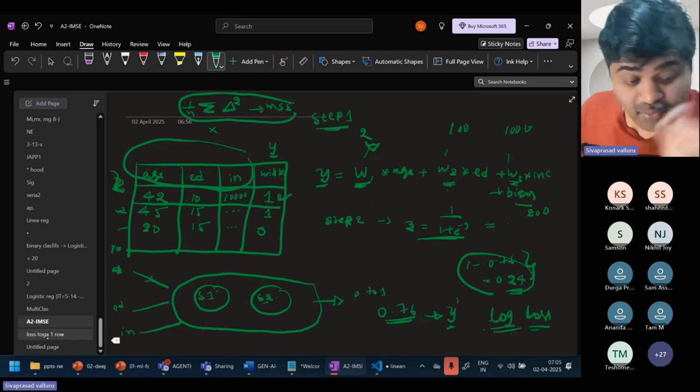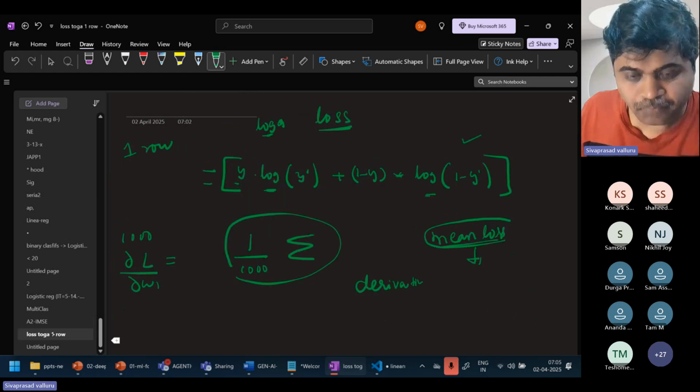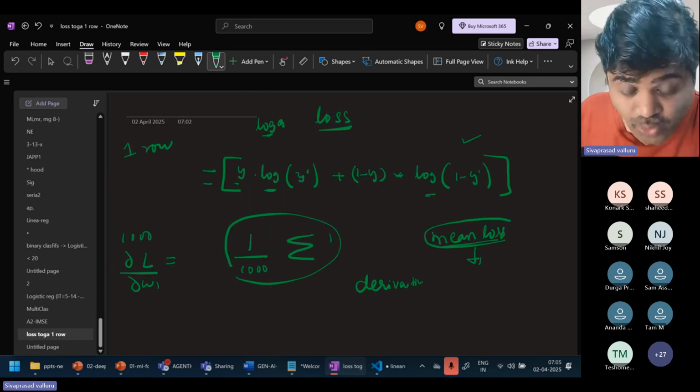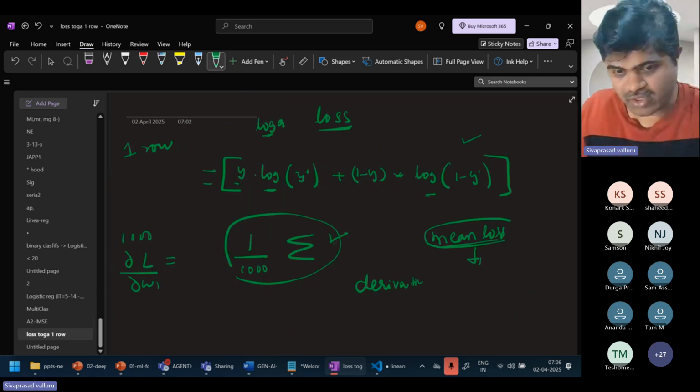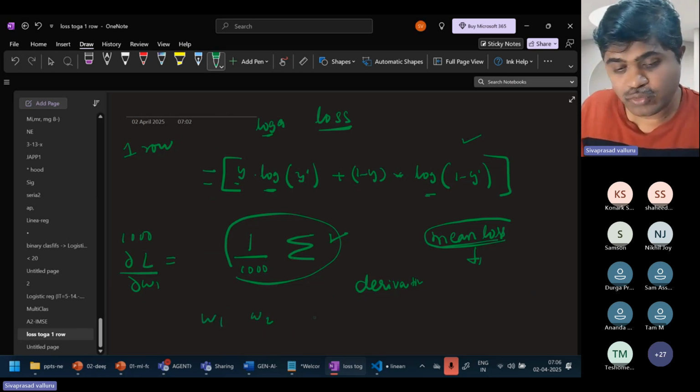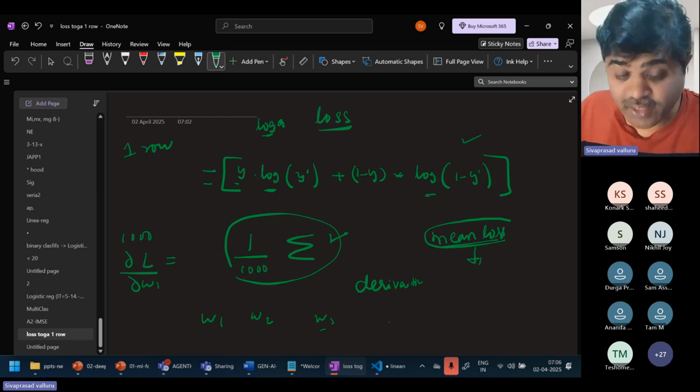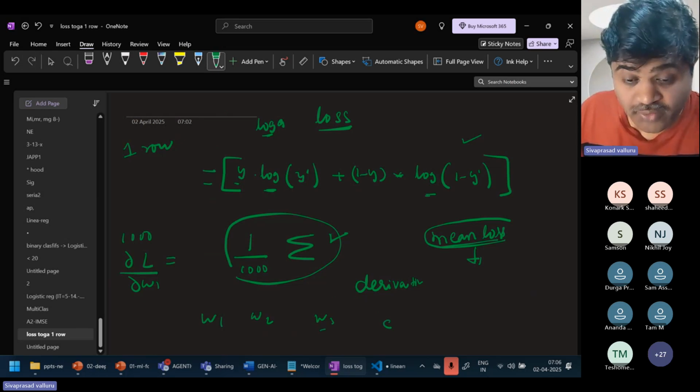In this case, I wanted you to understand a terminology here. This loss value, whatever we calculate after the first iteration, based on this loss value only, the weights W1, W2, W3 are calculated, and C also is calculated based on the loss value.